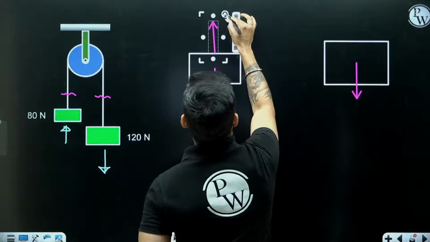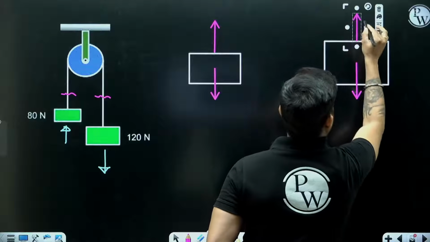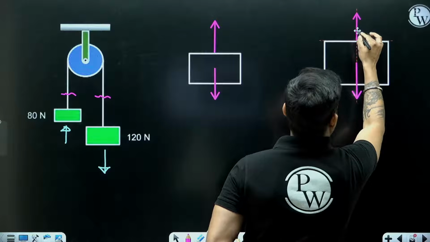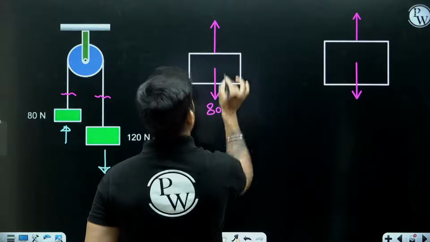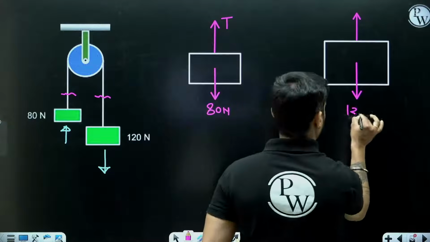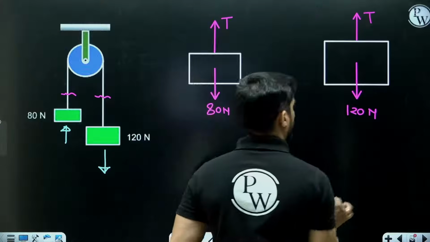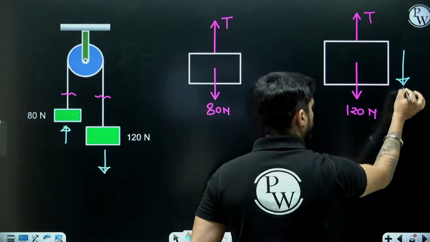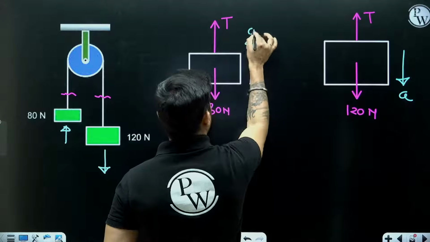Tension will be the same on both sides. 80 Newton and T. 120 Newton and T. Now the acceleration of both the blocks is the same. This is moving downward with acceleration A. This is moving upward with acceleration A.